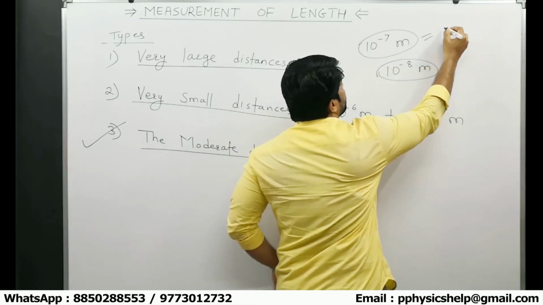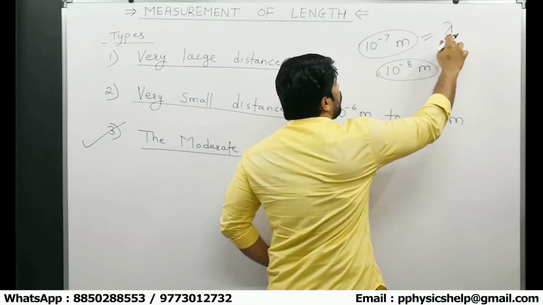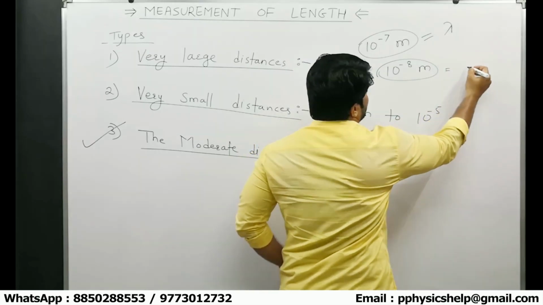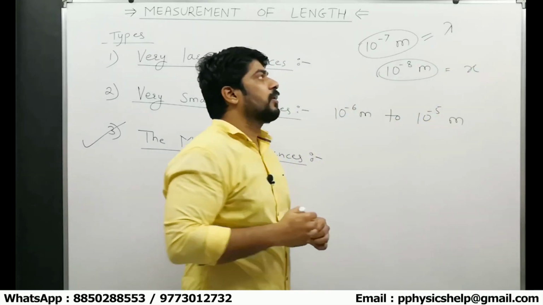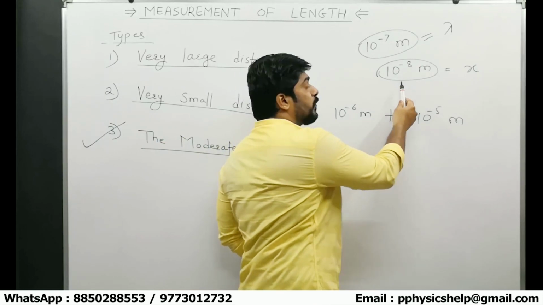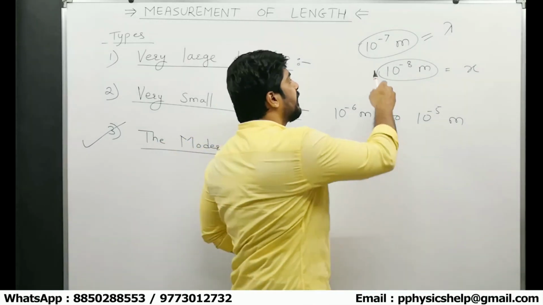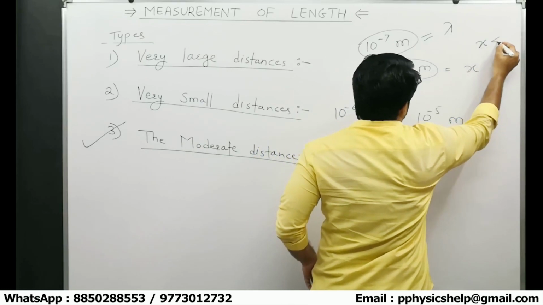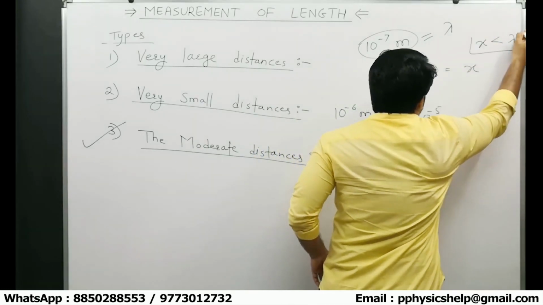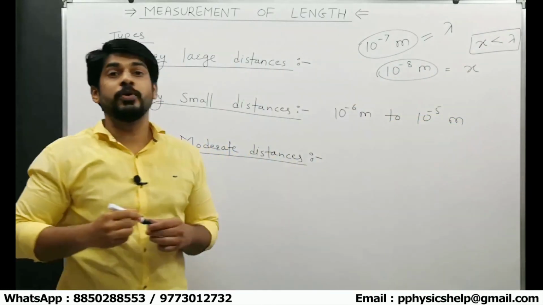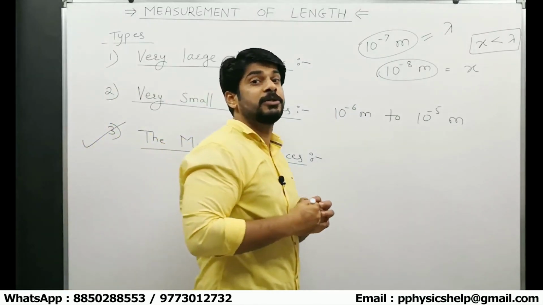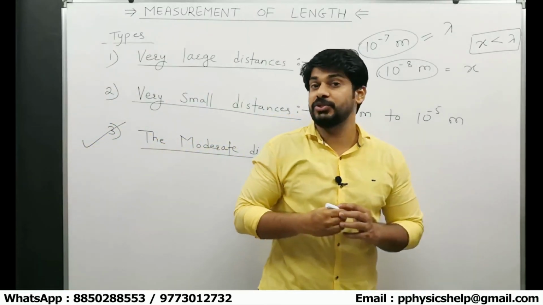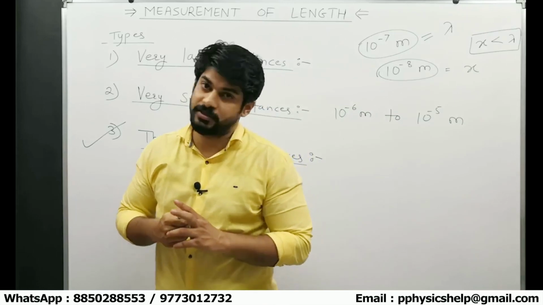This is the wavelength, denoted by lambda, and this is the size, let's say x. Over here you can see 10 raised to minus 8 is smaller than 10 raised to minus 7. That means x is smaller than lambda. So in that case, the microscope will not be able to get a picture of this object. It is not going to resolve that object.